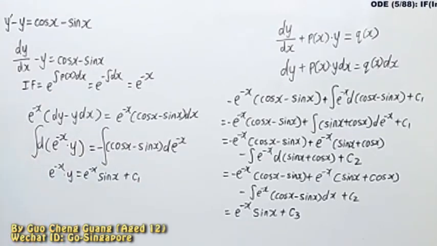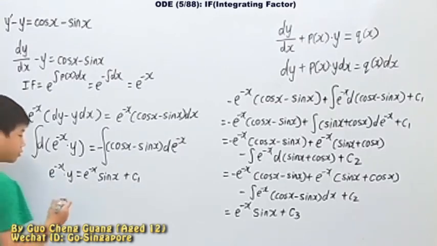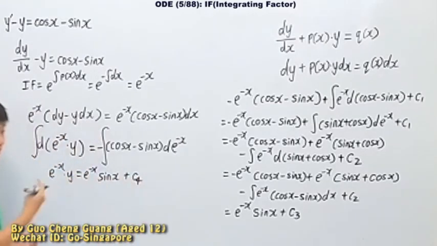What do you notice on both sides? You have this e to the power of negative x. Well, here you can also write it as C4. So here is e to the power of negative x. Here is also e to the power of negative x. So we get times e to the power of x on both sides. So that, okay, let me write it out.